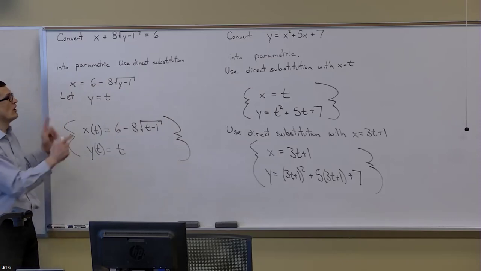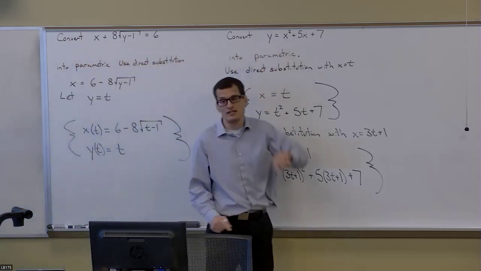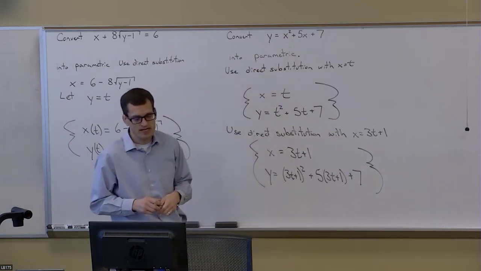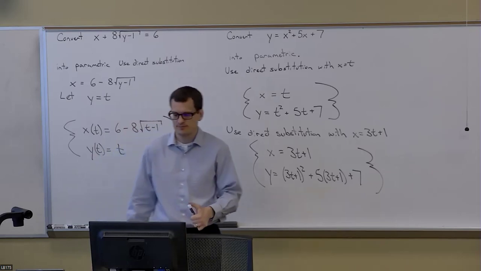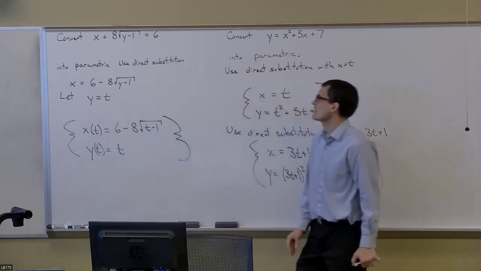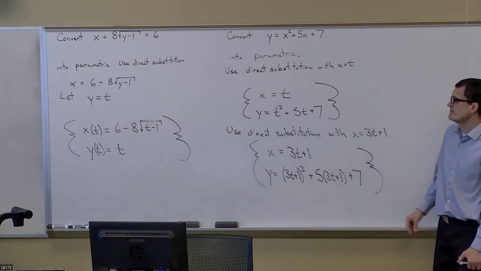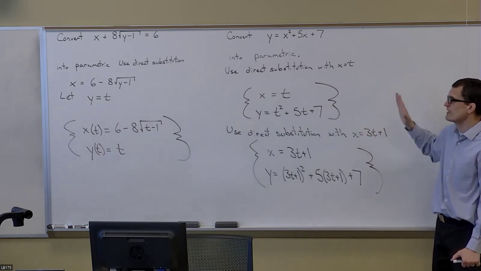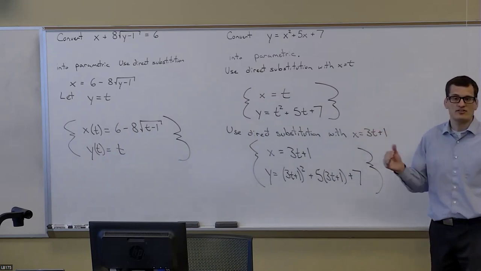So if I can solve for one of the variables in my equation, then I can use direct substitution in a really quick, hopefully efficient manner. And again, direct substitution going from parametric to rectangular is I solve for t.